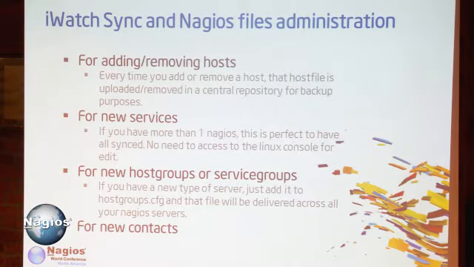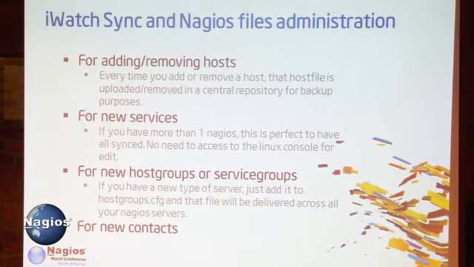We are basically using the central repository for backup. So every time the host is added, automatically that file is being uploaded to a centralized repository. And when a server is shutting down, we are removing that file from the monitoring system and also from the centralized repository.